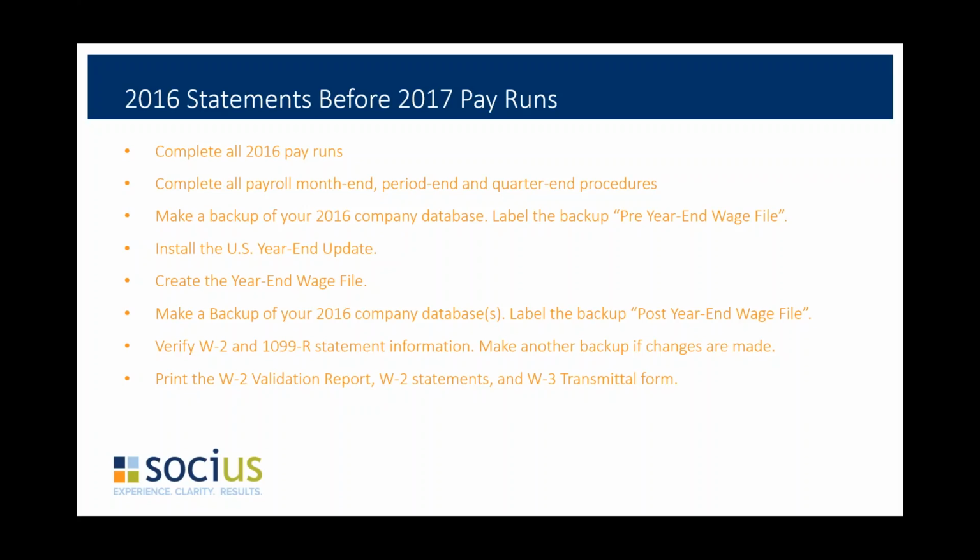After that backup, we're going to go through a process where we validate or verify our W-2 and 1099-R statement information. And then if you've made changes, you're going to make another backup, okay?